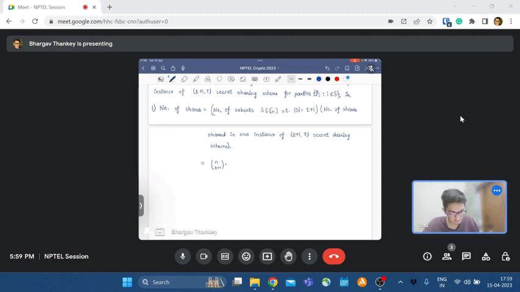Well, what is that? Within the t plus 1 comma t secret sharing scheme, there are t plus 1 parties and the dealer shares one share with each of them, right? So this number is t plus 1.